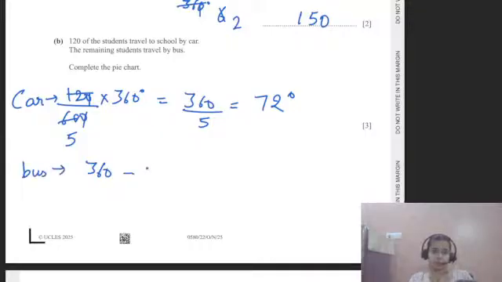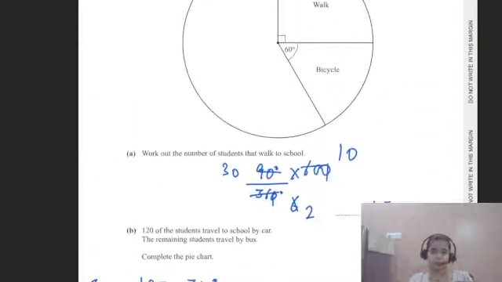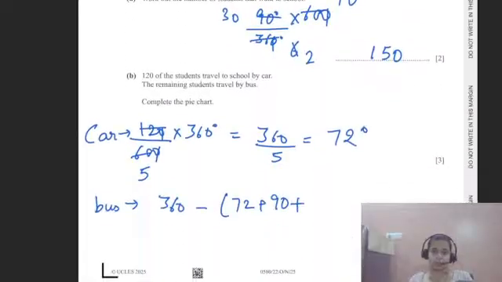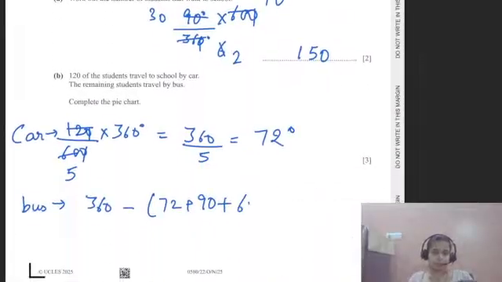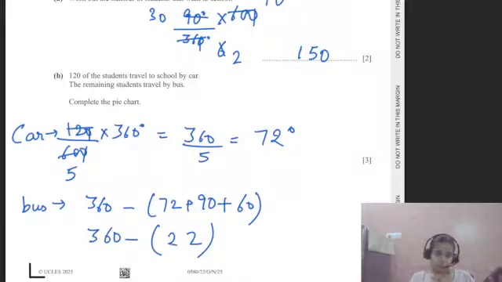If you calculate the angle, 360 minus 72 plus 90 plus 60. It was 60, right? 360 minus 2, 9 and 6 is 15. 15 plus 7 is 22, right? So 222.